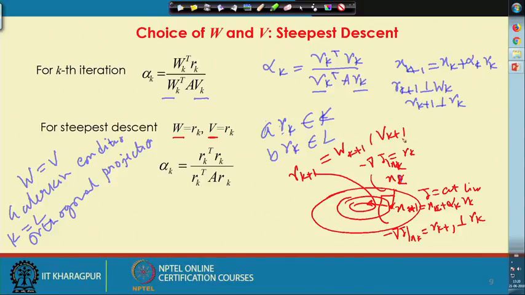So, in each iteration W and V change and alpha k also changes. However, we get a new search direction, therefore x k changes along a different direction in each iteration.